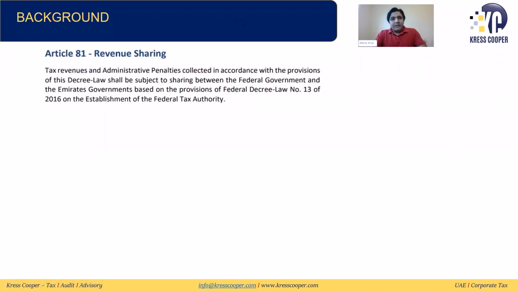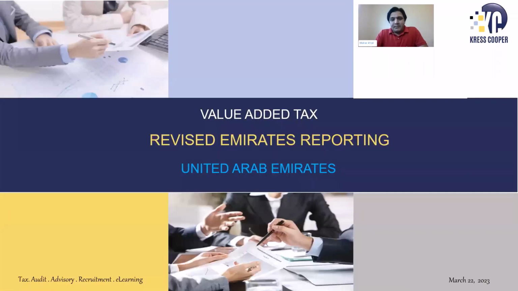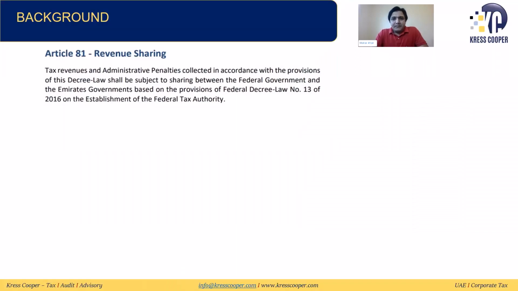So what is the background for introducing this revised Emirates reporting? We all know that in Article 81 of the UAE VAT law, it is written that the tax revenue and the administrative penalties need to be shared between the federal government and the Emirates government.